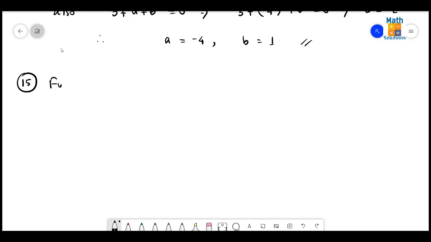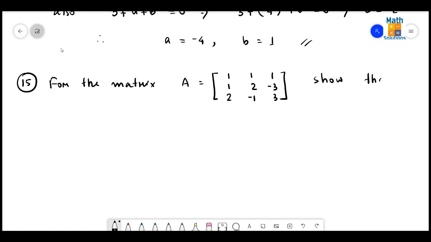For the matrix A equal to 1 1 1, then 1 2 minus 3, then 2 minus 1 3, show that A cube minus 6A square plus 5A plus 11I is equal to a null matrix.